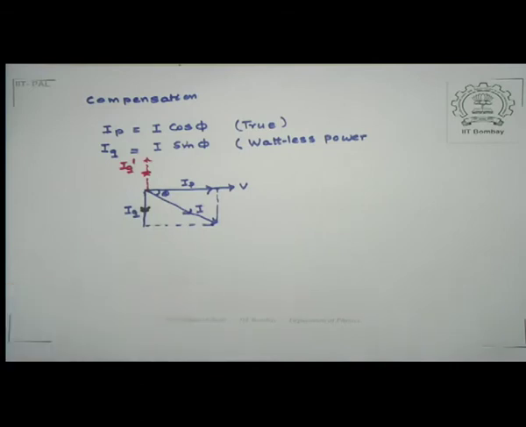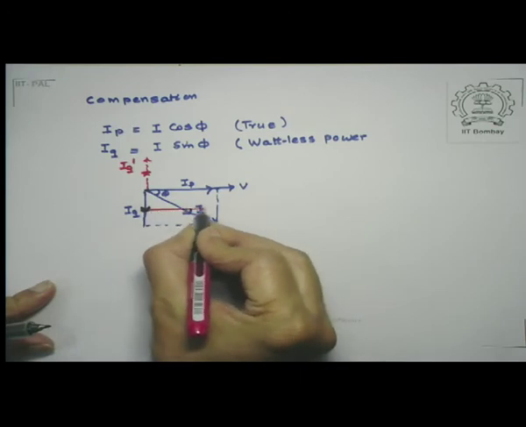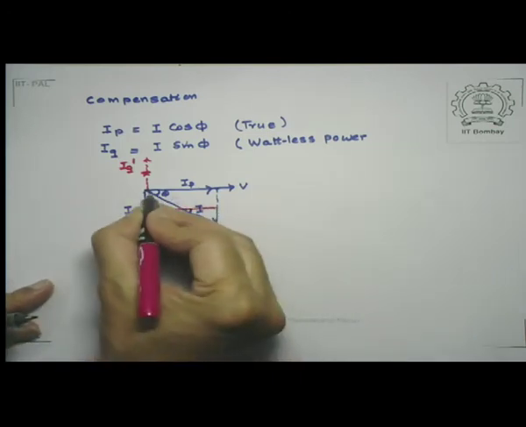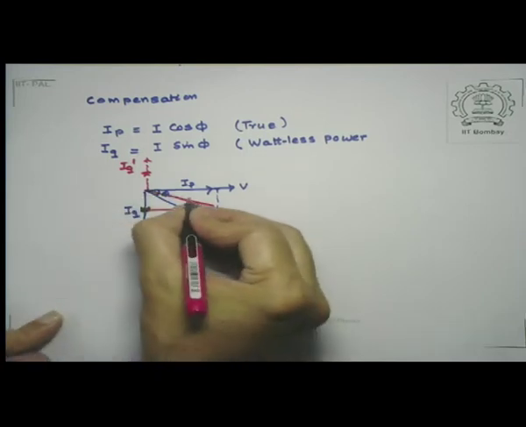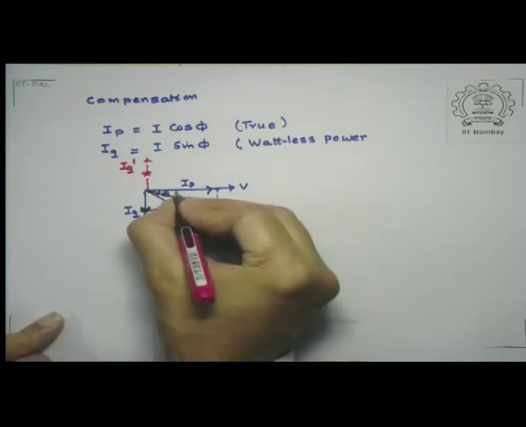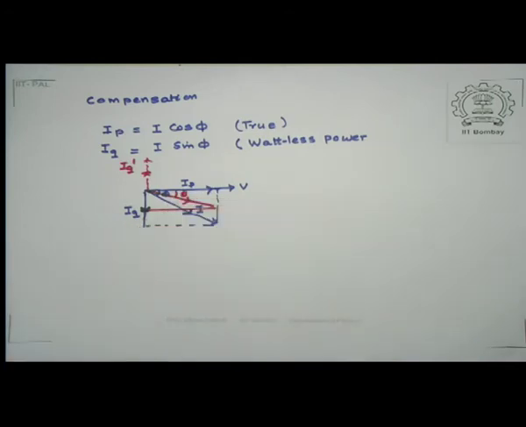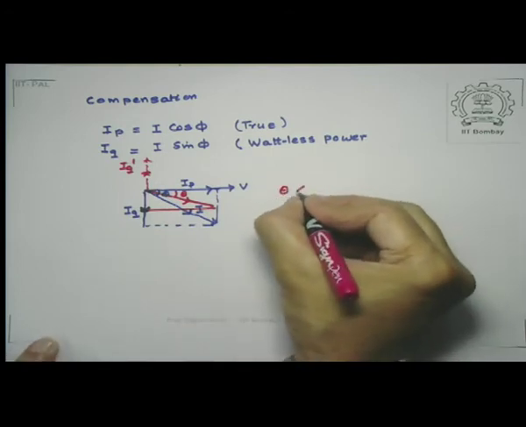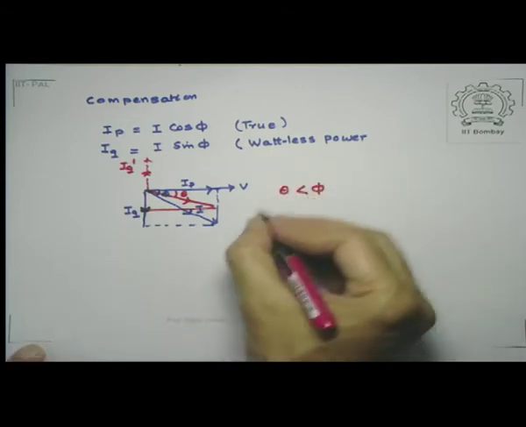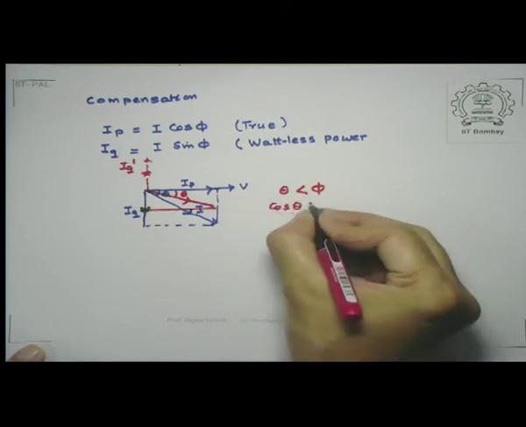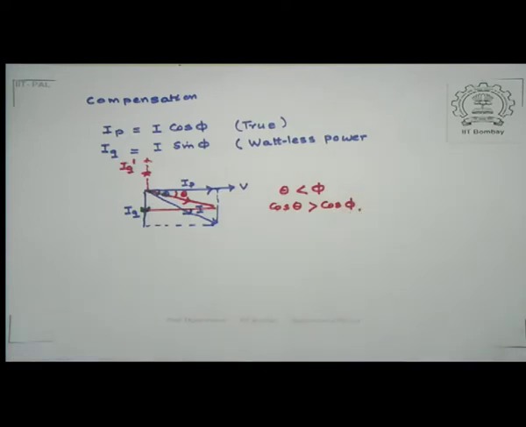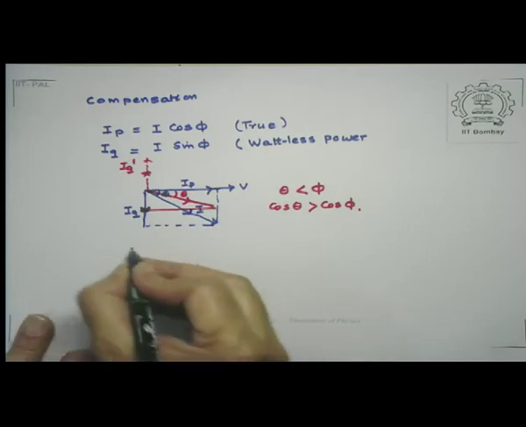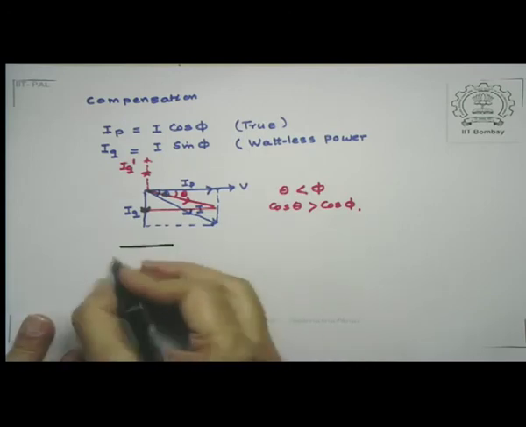Now if you complete this rectangle, my direction of apparent power is going to be like this, and the angle it makes will be theta, such that theta is less than phi, which of course means that cosine theta is greater than cosine phi. And this is done by introducing a capacitive element. So this is the way it works.